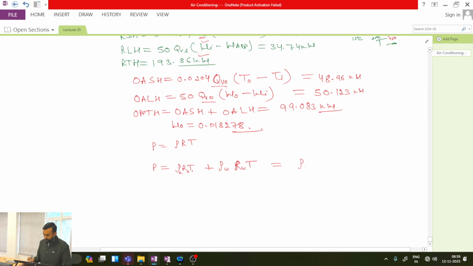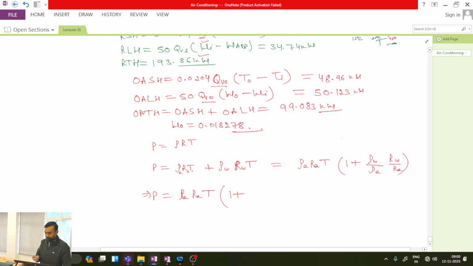So if I take rho A RA T common, I will get 1 plus rho W by rho A into, please tell me, RW by RA. So from here P becomes equal to rho A RA T times 1 plus rho W.